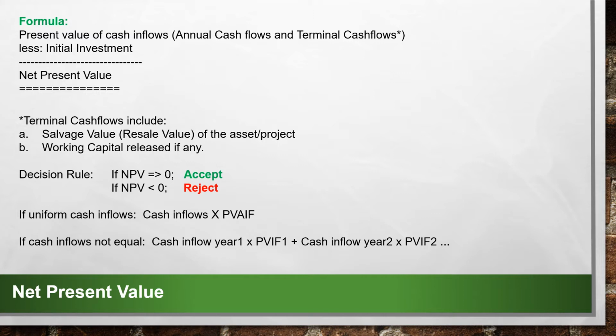If our cash inflows are not equal, you get the cash inflow of year 1 multiplied by the present value interest factor for a single payment on year 1, plus the cash inflow on year 2 multiplied by its present value interest factor, and so on and so forth.